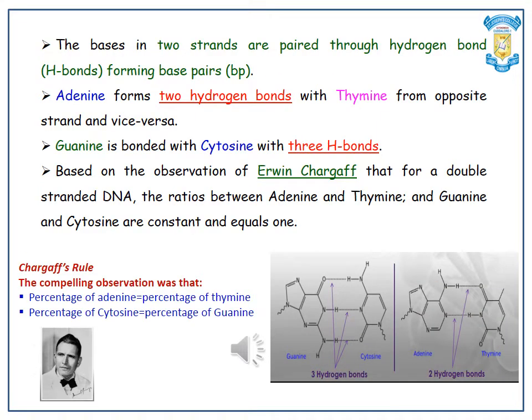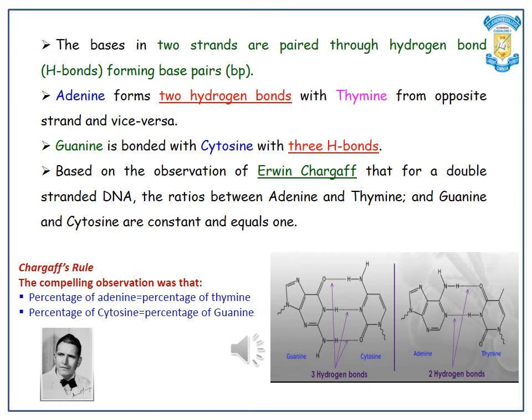The bases in the two strands are paired through hydrogen bonds, forming base pairs. Adenine forms two hydrogen bonds with thymine from the opposite strand and vice versa. Guanine is bonded with cytosine with 3 hydrogen bonds.